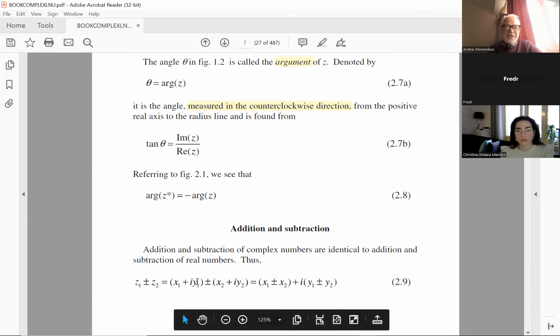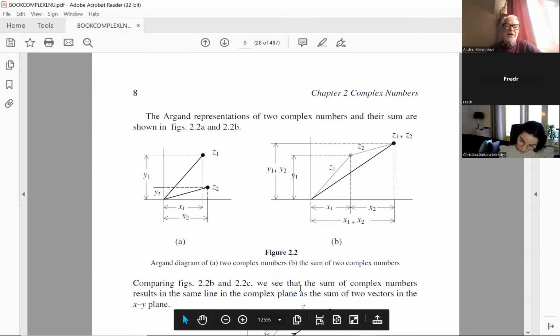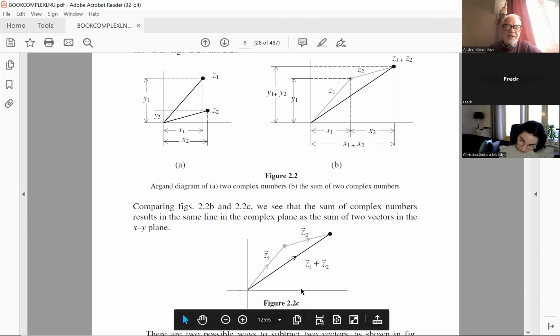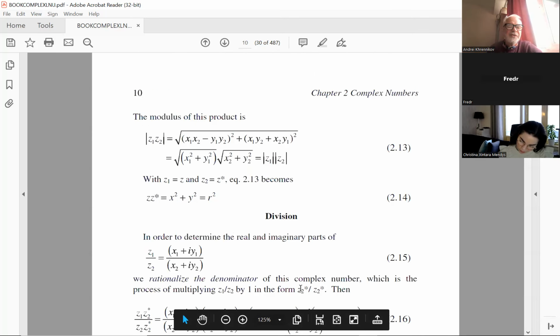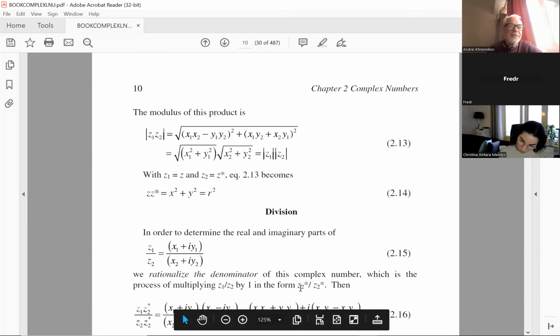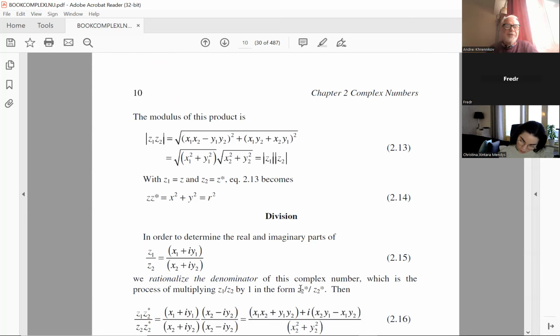You just write these expressions, open the brackets, and collect terms with i and terms without i. Geometrically you can illustrate multiplication, but we never use this. If you multiply, you just open the brackets, and i squared is equal to -1.